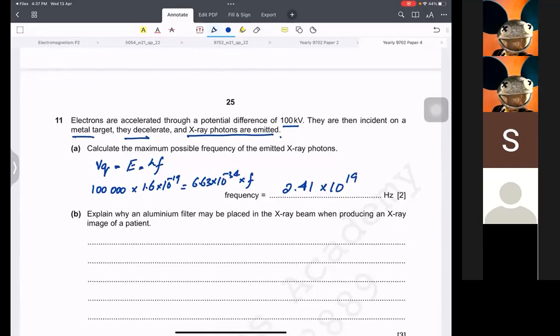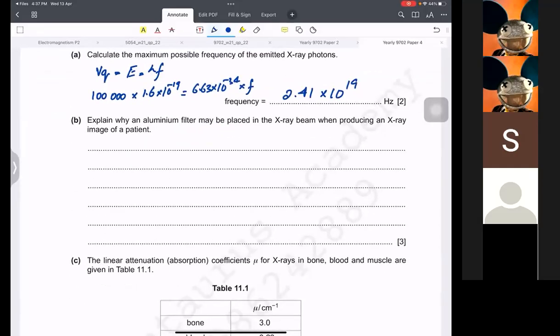Okay. Now explain why an aluminum filter may be placed in the X-ray beam when producing an X-ray image of a patient. This is very important because you need to understand that X-rays have many wavelengths.